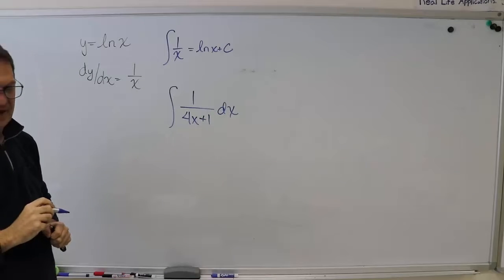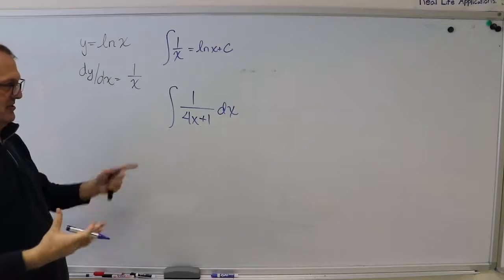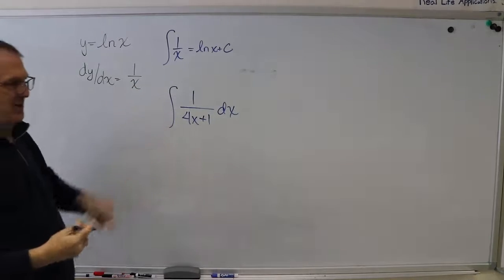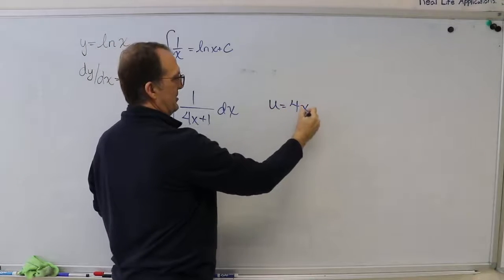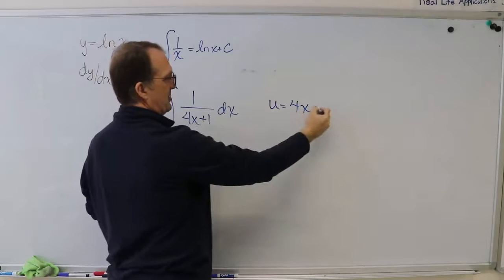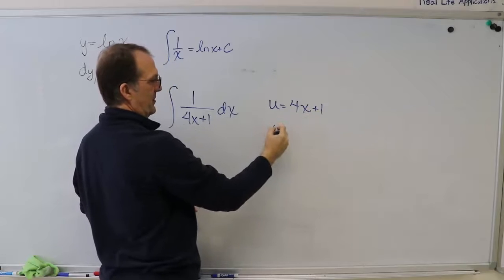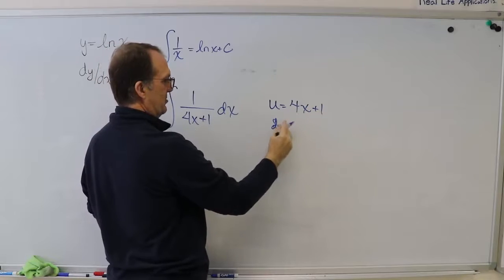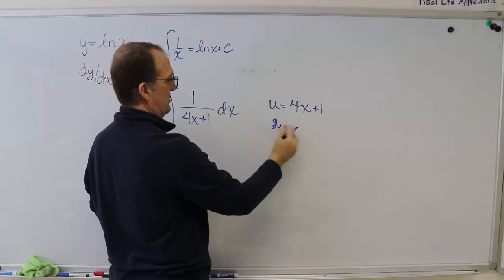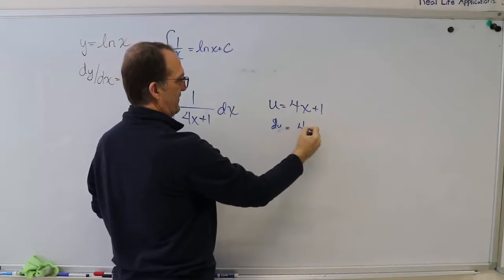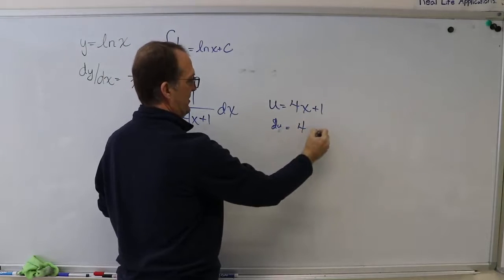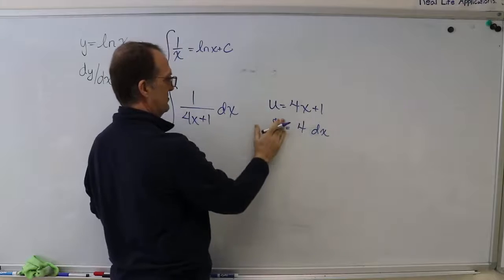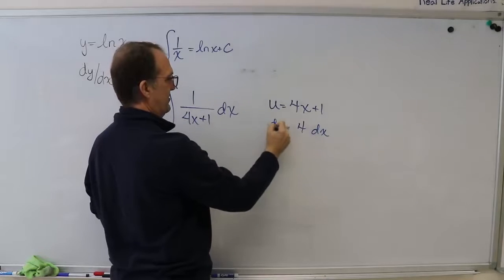Okay? And so again, we're going back to integration by substitution. u is 4x plus 1. du is 4 dx. Make this clear to read.